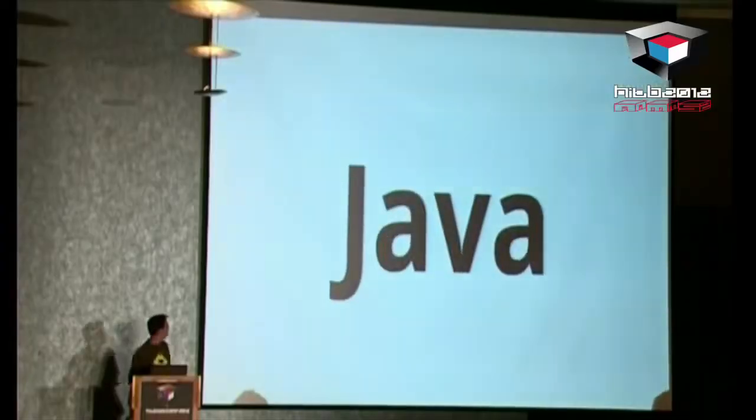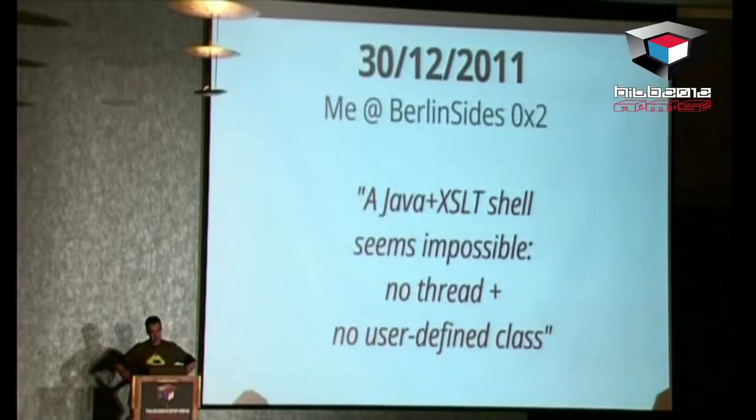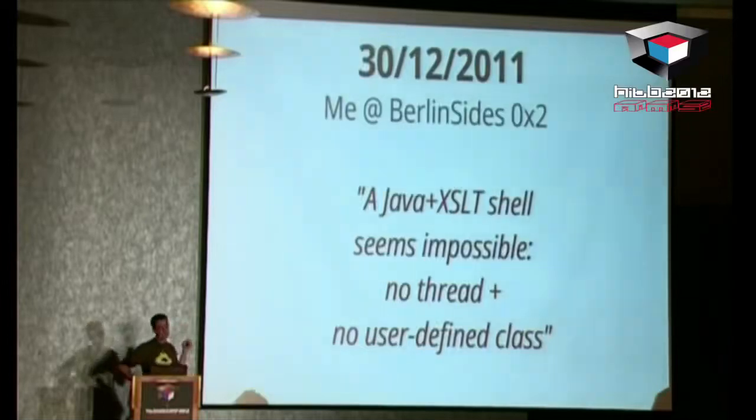Java is more complicated. In fact, at Berlinsides last year, I said that it seemed impossible to get some Java and XSLT interactive shell because we can't create threads and we can't create our own classes. So it seems very difficult. And just after Berlinsides, I published my content online.